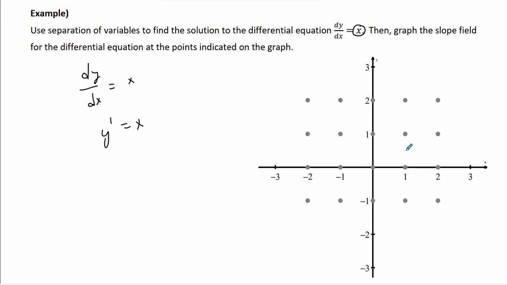I'm going to plug in the values of x comma y, but really because it's just an x, I don't need the y values. So if I plug in x to be 1, the slope is going to be 1. And then anywhere over here, the slope's going to be 1. Anywhere over here, the slope's going to be 2, and so on.